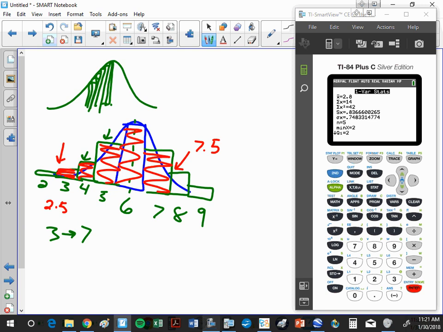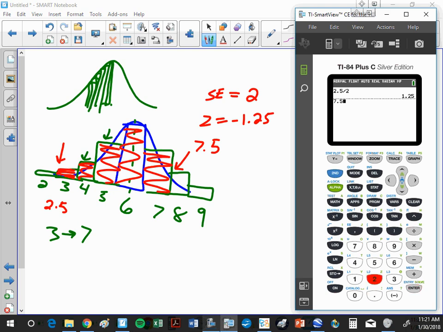So, and let's say that the SE is, for instance, 2. So 2.5 divided by 2 gives me a z-score, and this is going to be negative 1.25, up until 7.5 divided by 2 gives me a z-score of 3.75.